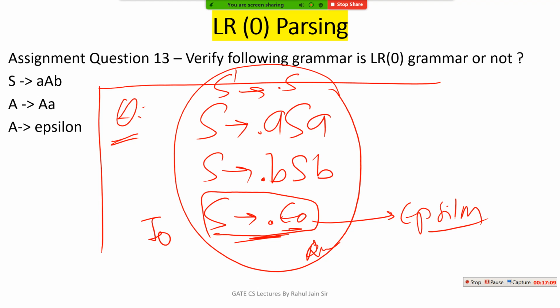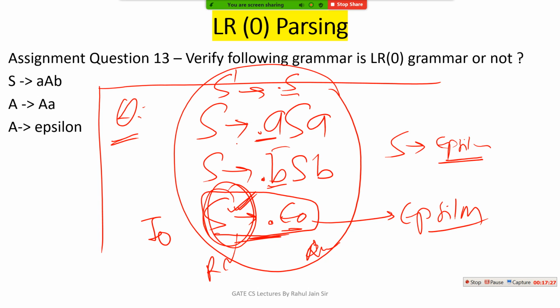I am generating nothing, which means I have reduced. So this transition S derives epsilon means that I have reduced my initial state here itself, but I am again shifting on these symbols to the next state.